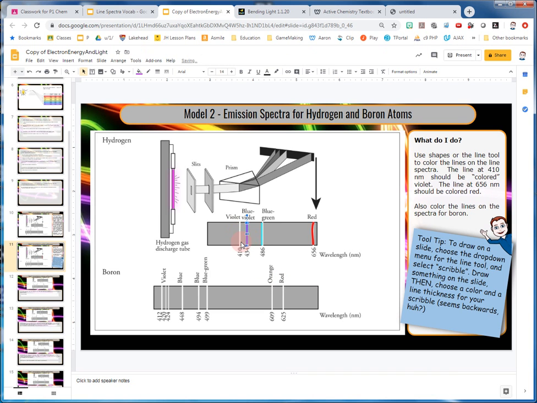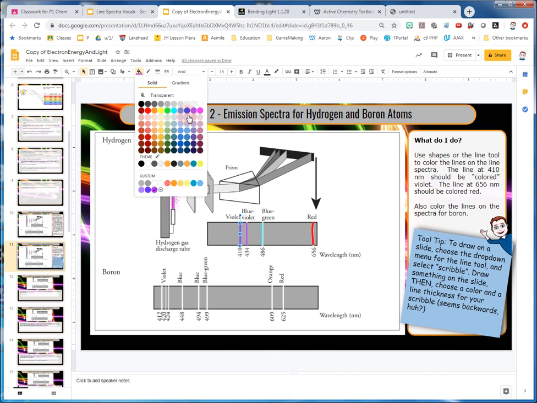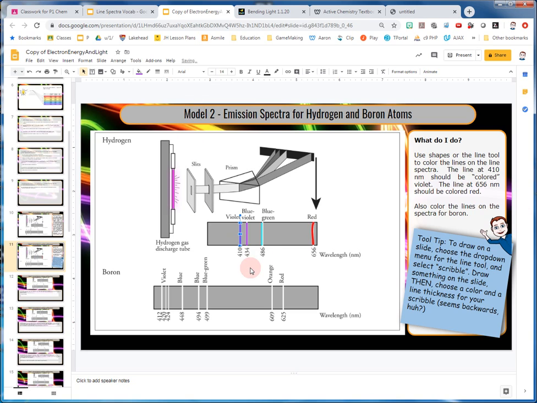And there you go. And now violet. Control copy, Control paste. And purple should be fine there. Doesn't look like a huge difference, but that's okay. There you go. Boom. Lines colored.